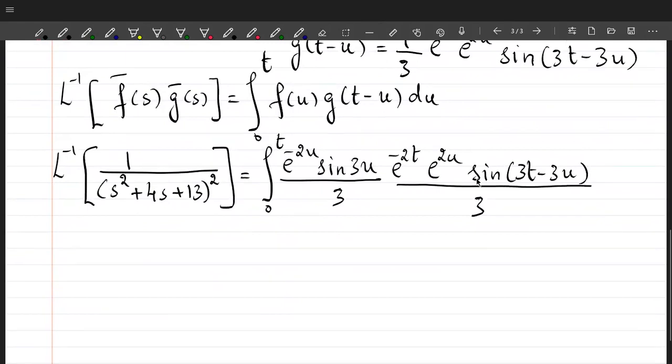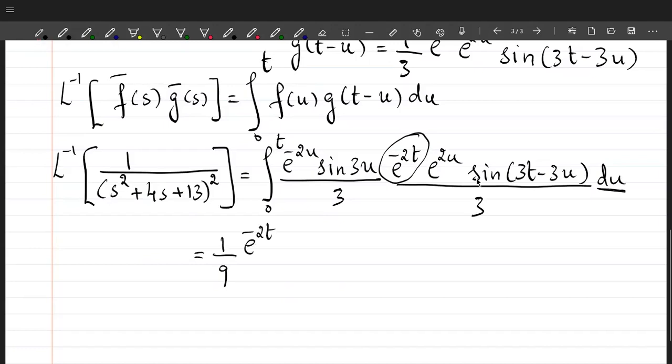Then you have e power minus 2t, which can be taken out of the integral. I'm so sorry, this term will be integrated with respect to u. So please note here, 1 by 9 can be taken out. It's a constant. And here e power minus 2t is a constant because integration is being done with respect to variable u. So I'll take e power minus 2t out.